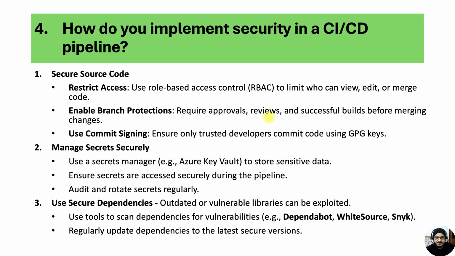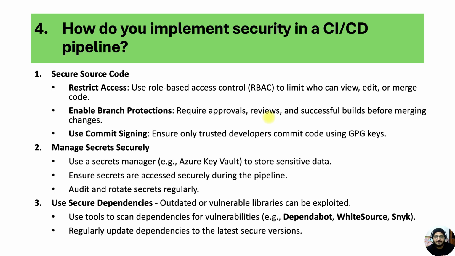Third, use secure dependencies, because when we write our application, we sometimes use multiple open source dependencies which are required for our application. In that case, we also need a tool to detect if we have any vulnerabilities in those dependencies as well. For that we have tools called Dependabot, WhiteSource and Snyk.